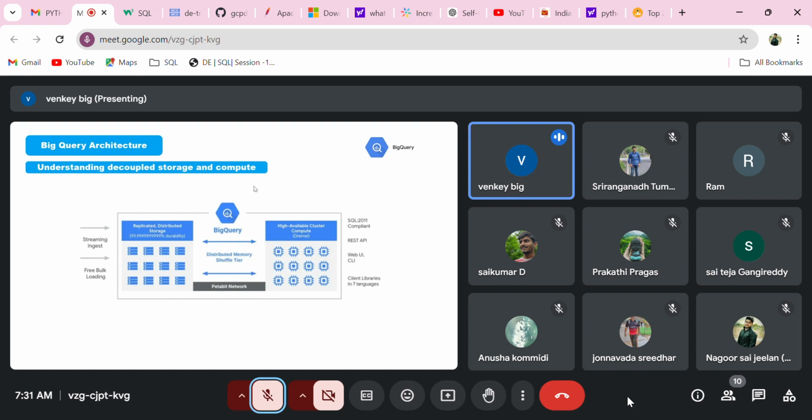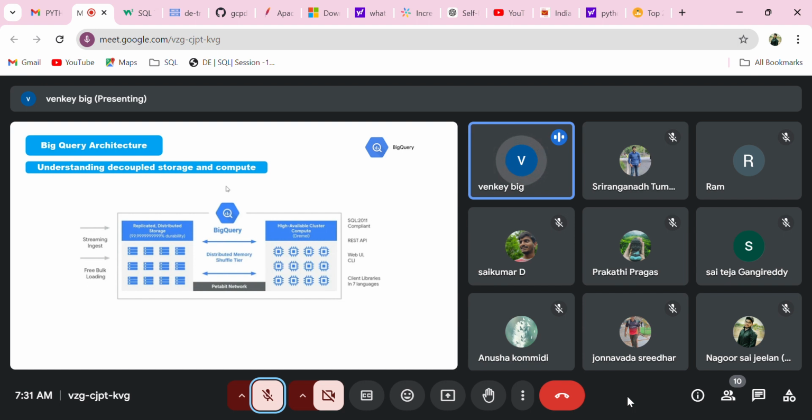So when you have this storage and compute, there should be one execution engine, right? There should be one execution framework or technology or software which will be utilizing this compute and executing the client request on the storage, right?